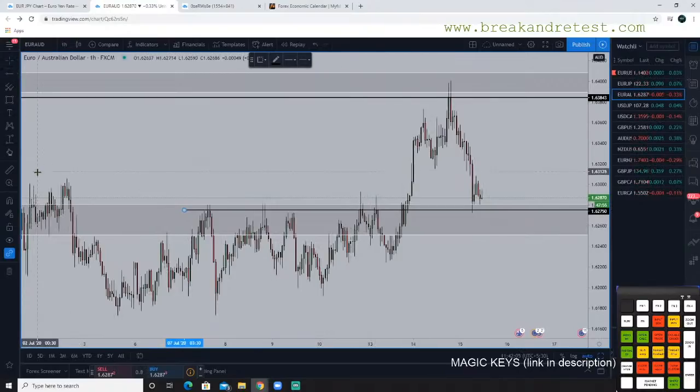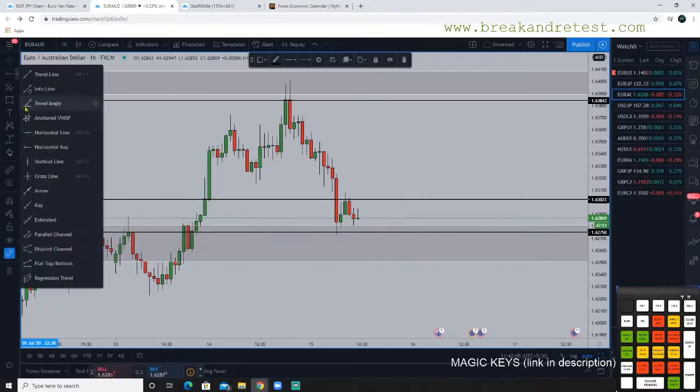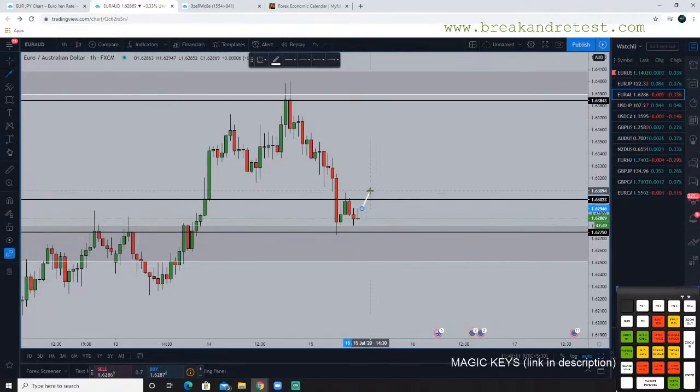Let's see, maybe if we close above this, retest and continuation to the upside, we would also have the confirmation of a daily retest here, so it would be a pretty good setup. But unless we break this, I think there's no trade for us here.